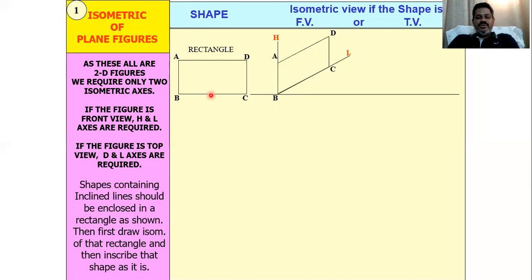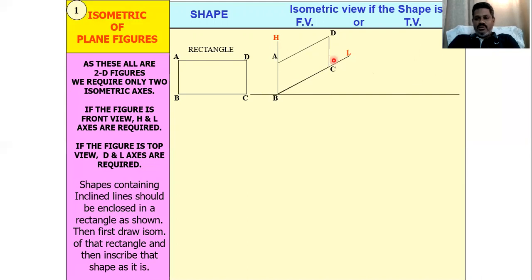Then specify the same dimensions along length and along height: on the line at an angle of 30 degrees, the length, and the height which is perpendicular to the horizontal line. Then specify all the dimensions on this plane. This will be the front view of the rectangle.